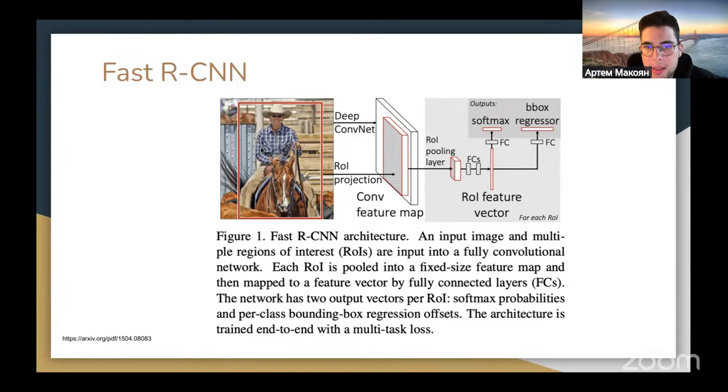The idea is that if two bounding boxes are close to each other, then most of the work will be doubled, because the intersection is the same for both when we apply the convolutional kernel.